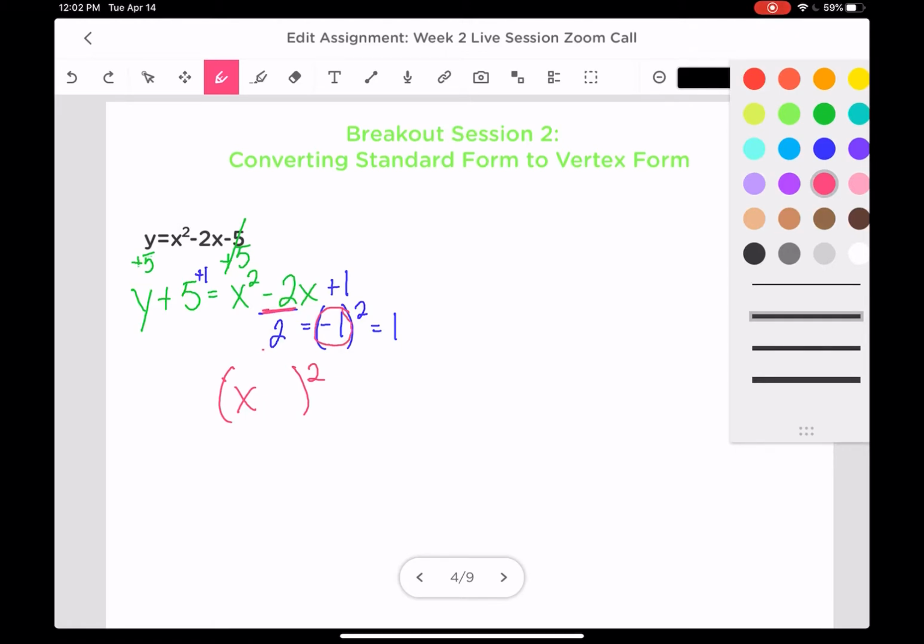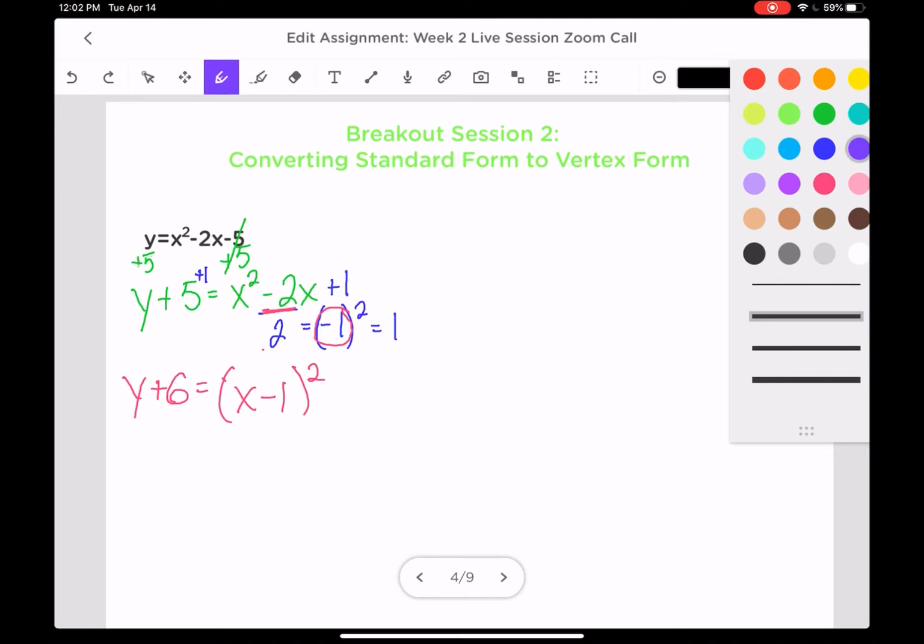It's always going to be b divided by 2, so in this example, it is negative 1. Now on the y side, I can simplify: instead of y plus 5 plus 1, I get y plus 6 equals parentheses x minus 1 squared.